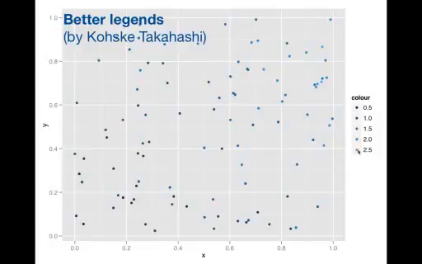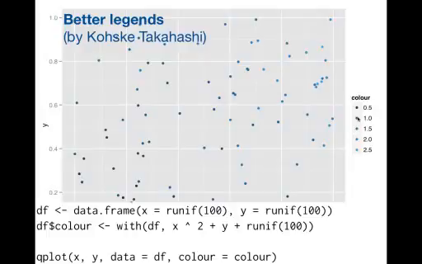It now goes from a bright, intense blue to a darker, less intense blue. It should be a little bit more obvious which is the high end of the scale now. But one thing that's a little confusing here is that even though this is a continuous color scale, the legend looks discrete. So there's the code I used to create that. A very simple plot, x and y, and then mapping color to this color variable.